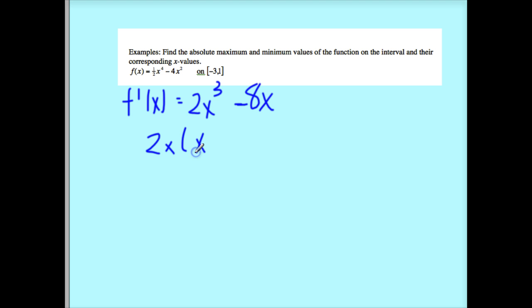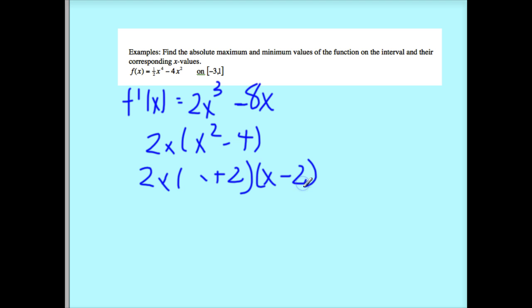That leaves me x squared minus 4. And I'm going to factor again. So 2x times x plus 2 times x minus 2. Sorry, my stylus is lagging. That gives us 3 factors, our 3 critical numbers, which are x equals 0, -2, and 2.